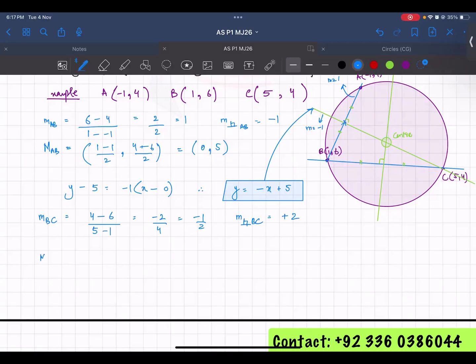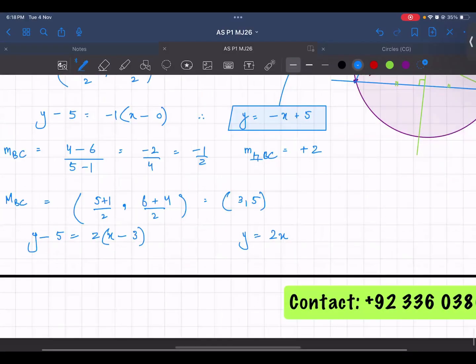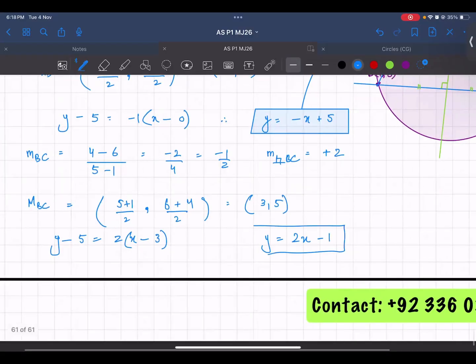And then the midpoint of BC: add x divided by 2, add y divided by 2. So the midpoint is (3, 5). Now y minus y1 equals m(x minus x1). So your equation would become y equals 2x minus 6 plus 5. Minus 6 plus 5 is minus 1. This is the equation of the other perpendicular bisector.